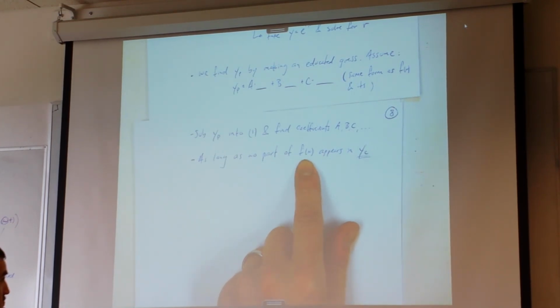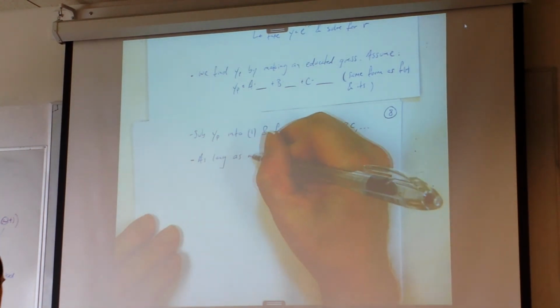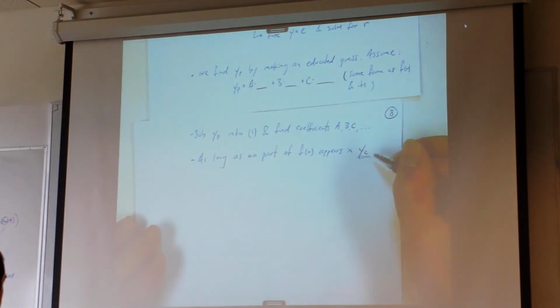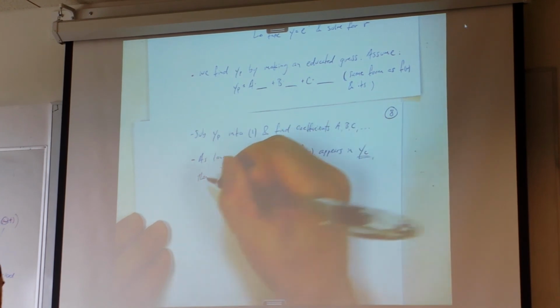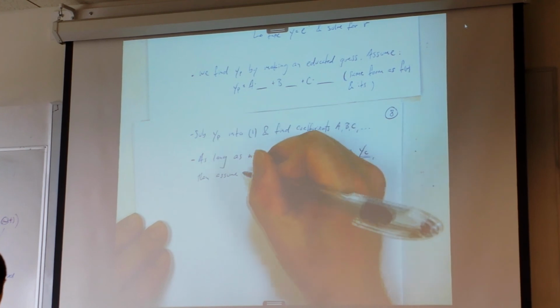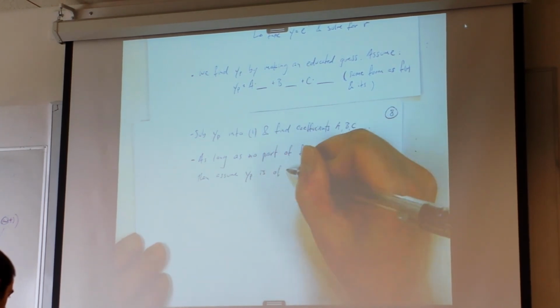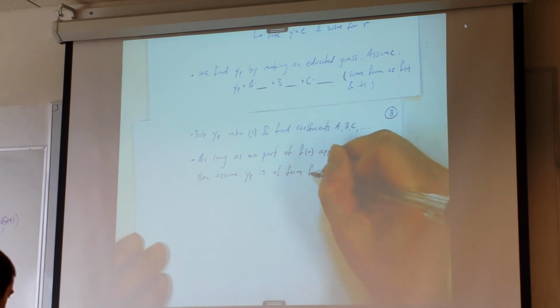If it does, then f of x would also be one of the solutions to the homogeneous equation, and therefore will not solve the regular one because it will be equal to 0. We'll see an example of that. All right. So as long as no part of f of x appears in the complementary function, then we assume that y sub p is of the form of f of x and its derivatives.